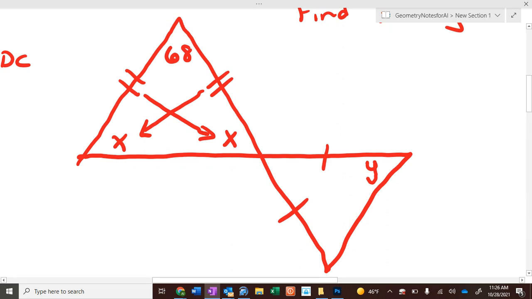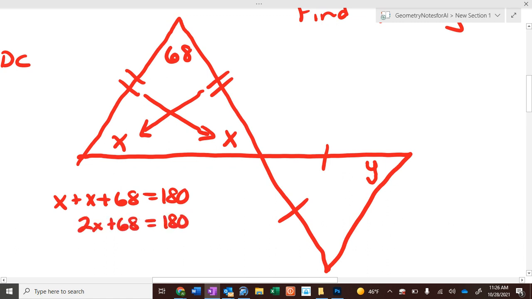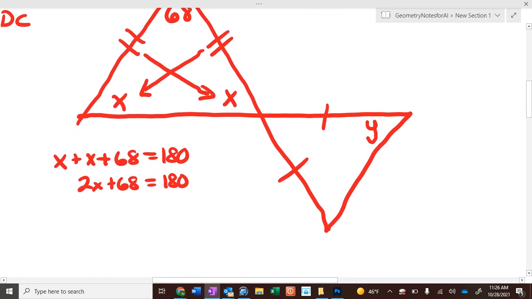Now, how do we figure out what x is? We'll just add all these up to make 180. We'll go x plus x plus 68 equals 180. So 2x plus 68 equals 180. Now we're going to do what you said, Charisma.